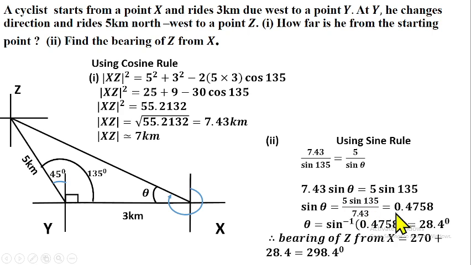We simplify with the calculator, we have 0.4758. Theta will be sine inverse of this, that gives us 28.4. So that means the bearing of Z from X will be 270 plus this angle theta, which is 28.4, and that should give us 298.4 degrees to 1 decimal place as the bearing of Z from X. Do we understand that?